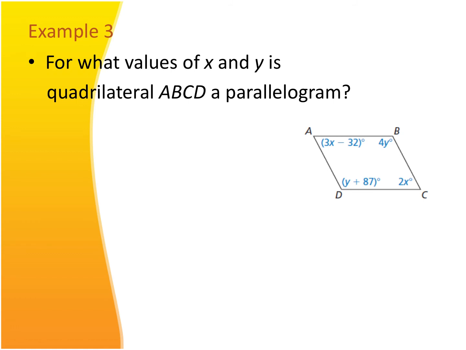So for example 3, again, it wants us to find the values of x and y that would make quadrilateral ABCD a parallelogram. So what I'm going to be using here is my parallelogram opposite angles converse. Because if I can show that these opposite angles are congruent, then I can state that this is a parallelogram.